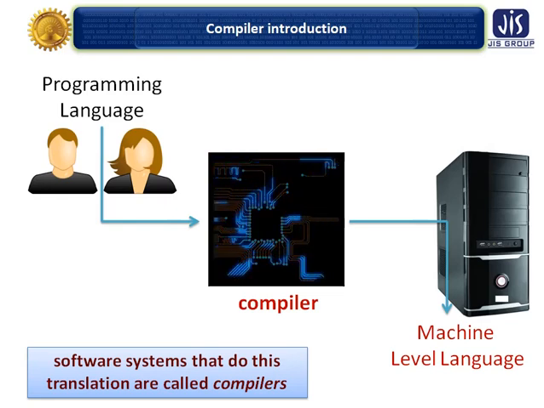Programming languages describe computation to people. What is done by a programming language? A programming language describes computation to people and directs machines to do something.